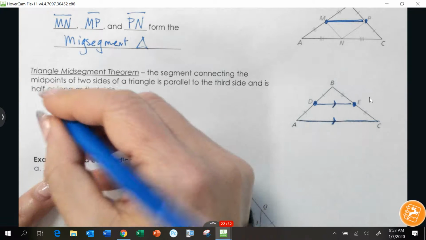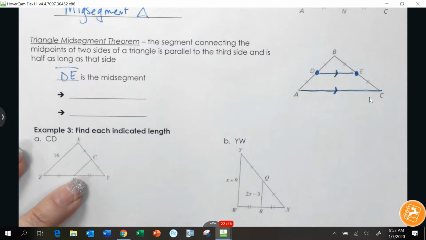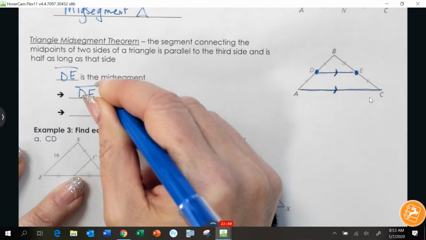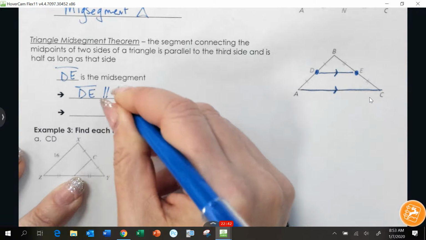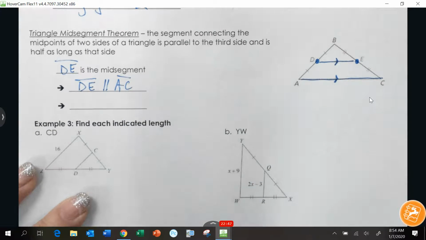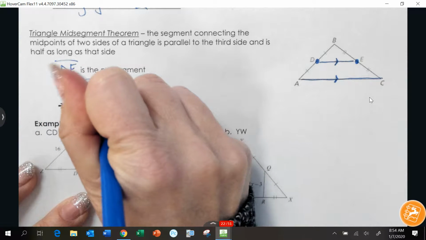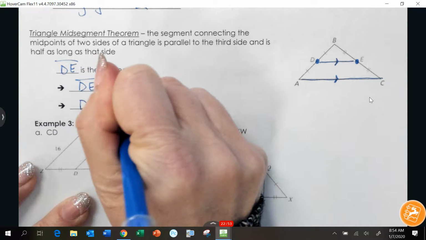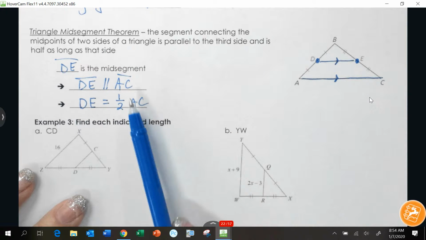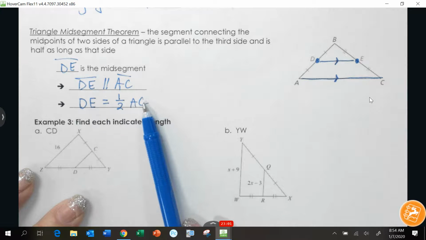So in this picture, DE is the mid-segment, and DE is parallel to AC, and DE equals half of AC. Notice when I talk about the figure, I have the segment symbol above it. When I talk about the length, I don't have the segment symbol written above it.